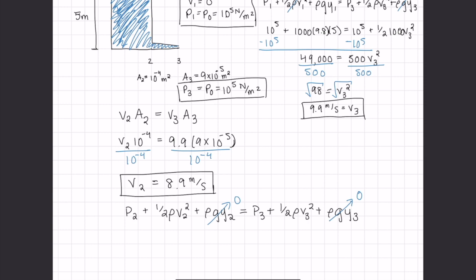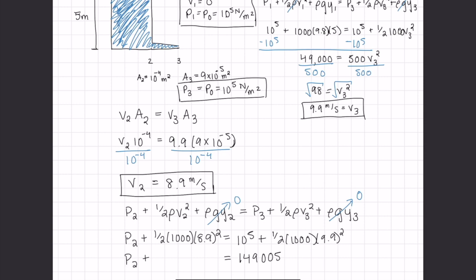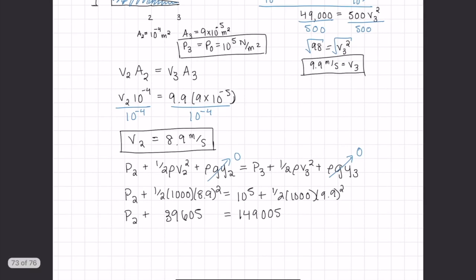P2 plus 1/2 times 1,000 times 8.9 squared equals 10 to the 5th plus 1/2 times 1,000 times 9.9 squared. The right hand side is going to give me 149,005. The left side is going to give me 39,605.